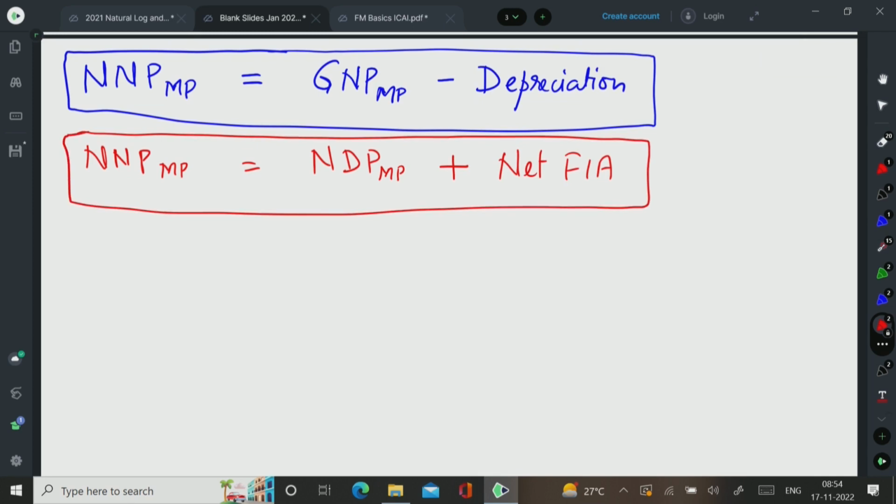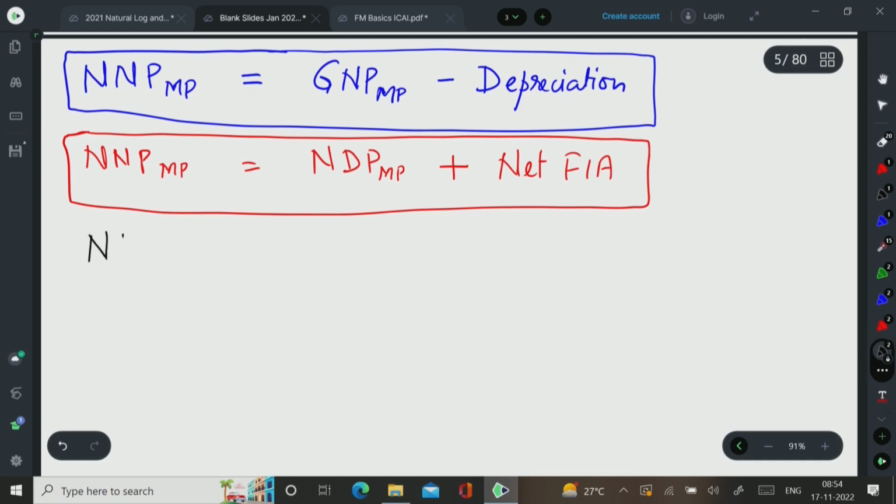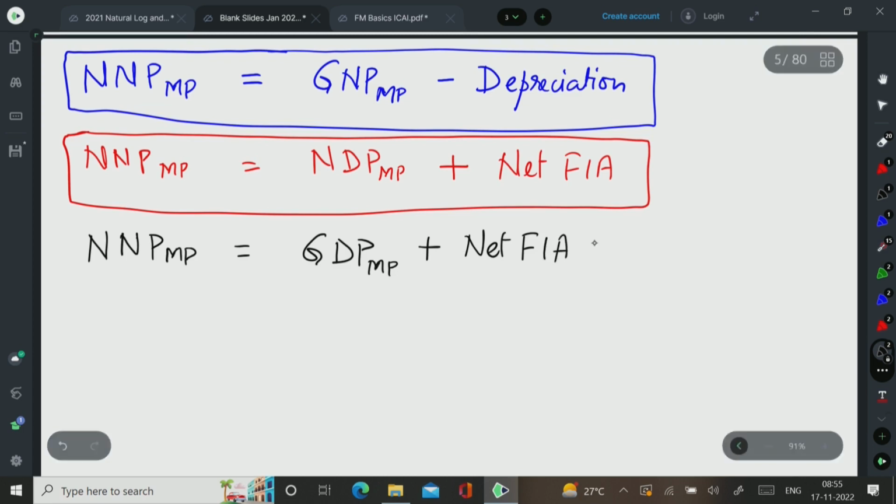I can write one more version of the equation: if I want to arrive at NNP at market price, we can start with GDP at market price plus net factor income from abroad, that is net FIA, and from this we subtract depreciation.